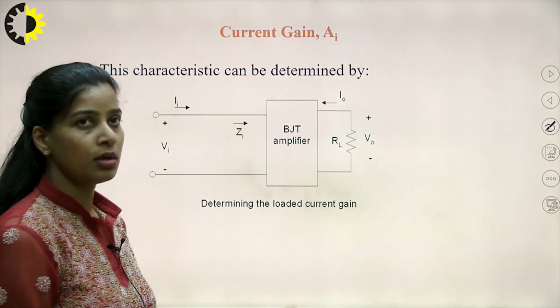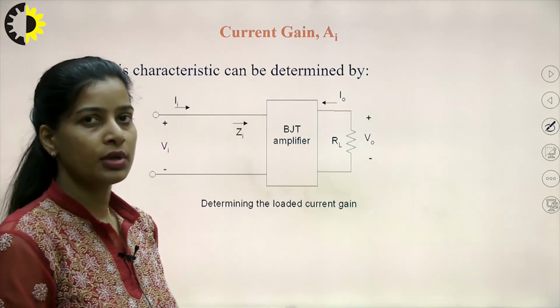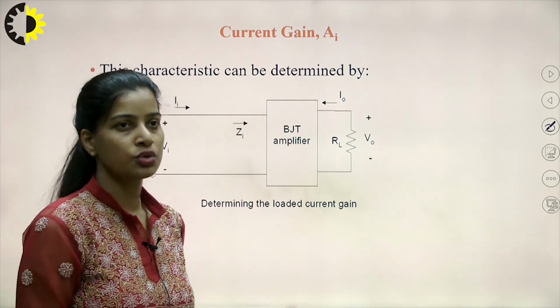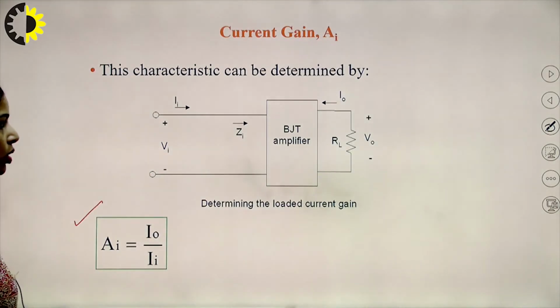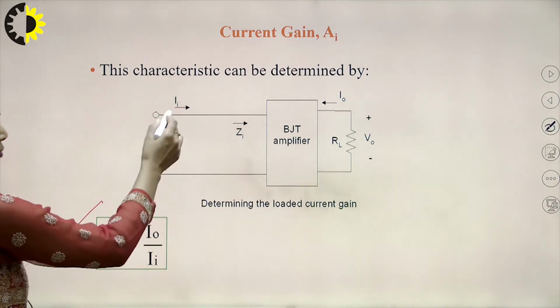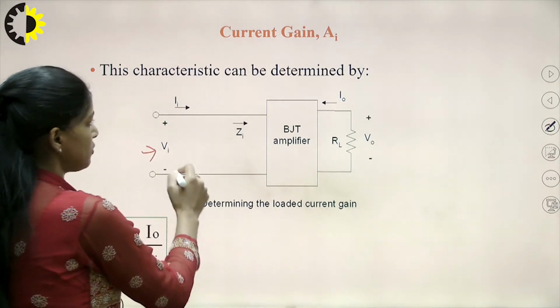The next parameter is current gain. Current gain is the ratio of output current to the input current, defined as IO upon I in. At the input side the current flowing is II and the voltage at the input side is V input.